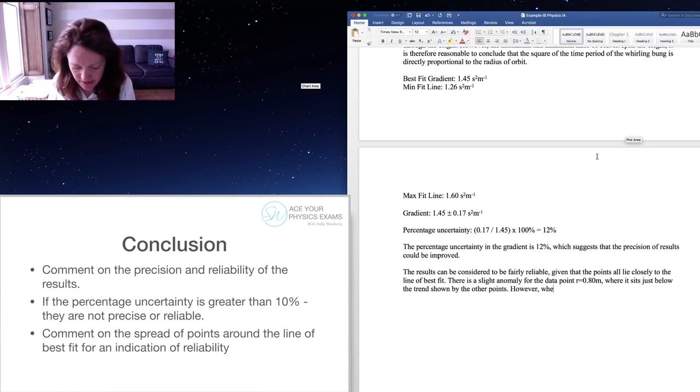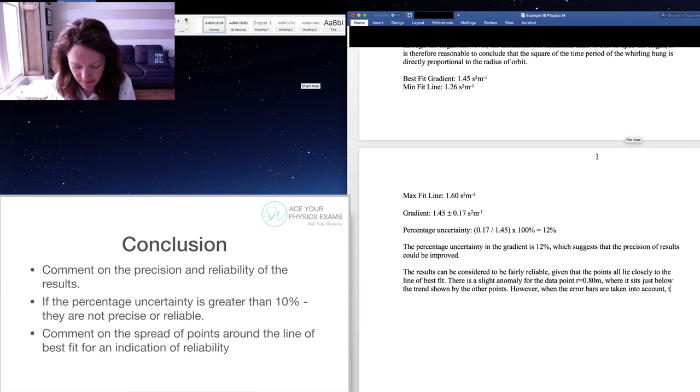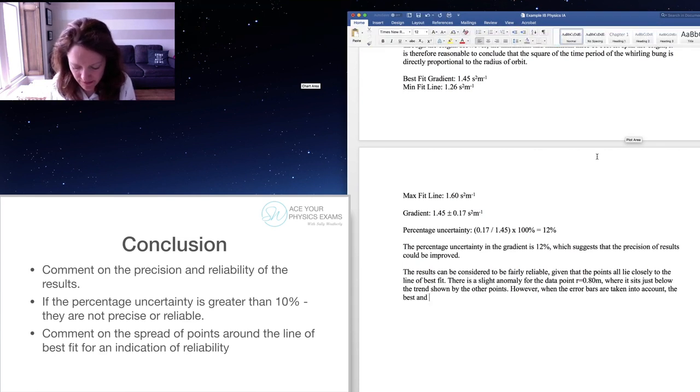However, when the error bars are taken into account, the best and minimum fit line pass through this data point. So we've said, yeah, the results are fairly reliable because the points all lie closely to the line of best fit. Obviously, if your points lie far away from the line of best fit, your results are not reliable.